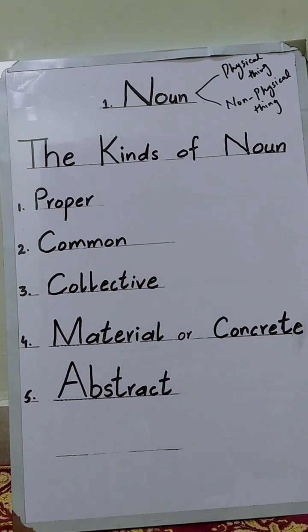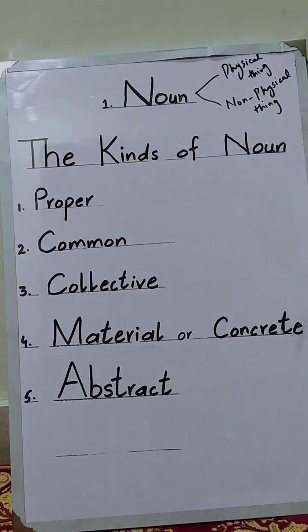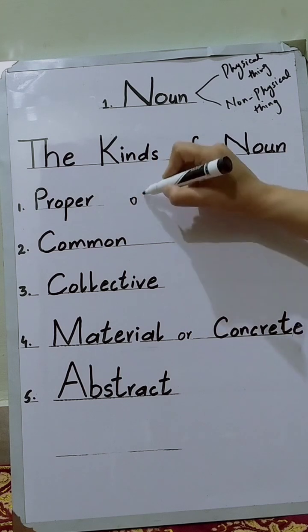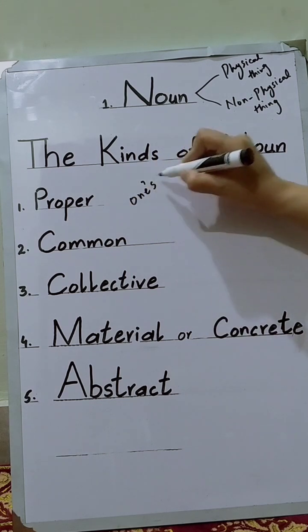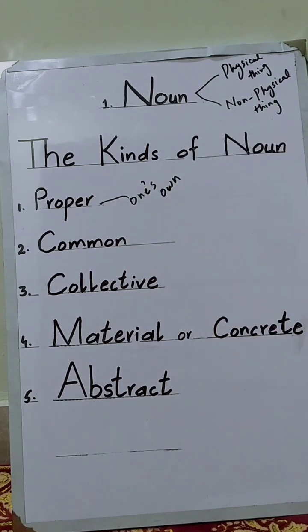We use capital letters to begin proper nouns. Proper nouns are nouns that name something proper, particular, or specified. Proper means one's own. For example, Australia is a proper noun because it is the name of a particular country.